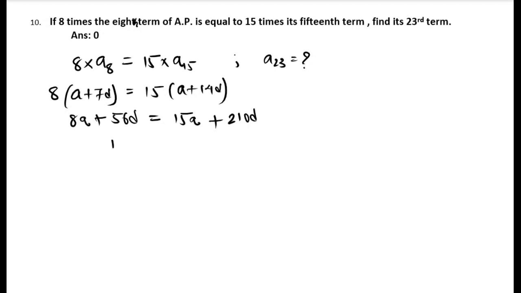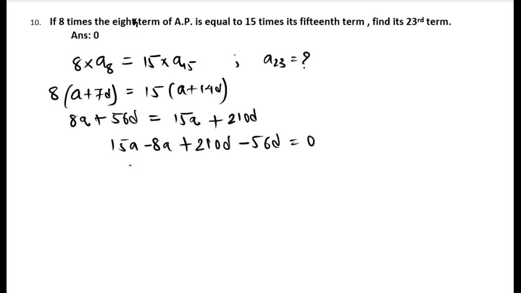Right? So 15a minus 8a, plus 210d minus 56d. I'm sorry, they are all on the same side, so there is no equal to. 15a minus 8a plus 210d minus 56d is equal to 0.